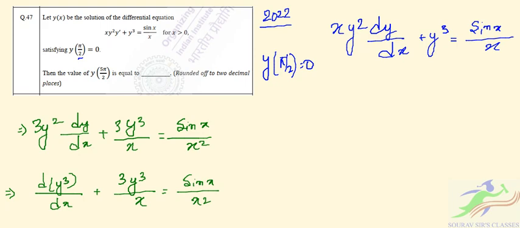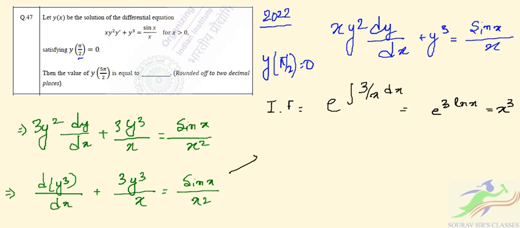Now if we want to find the integrating factor, it is e to the power integral of 3 by x dx, which is e to the power 3 ln x, so it will be x cube, right? So we can write this as x cube y cube.